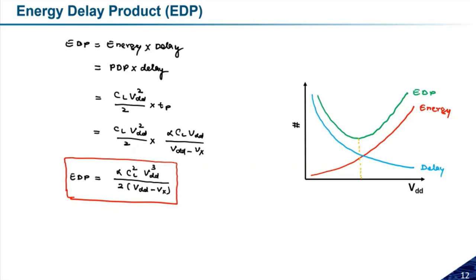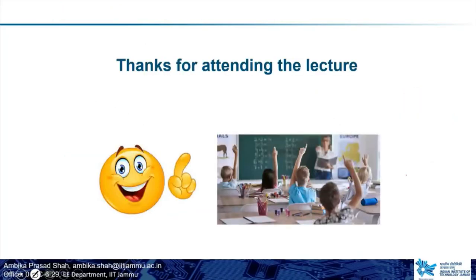Similarly, to analyze how much energy is needed to charge and discharge, we need to come up with the energy delay product. So these two things are really important, EDP and PDP. So that's it from the power dissipation side.